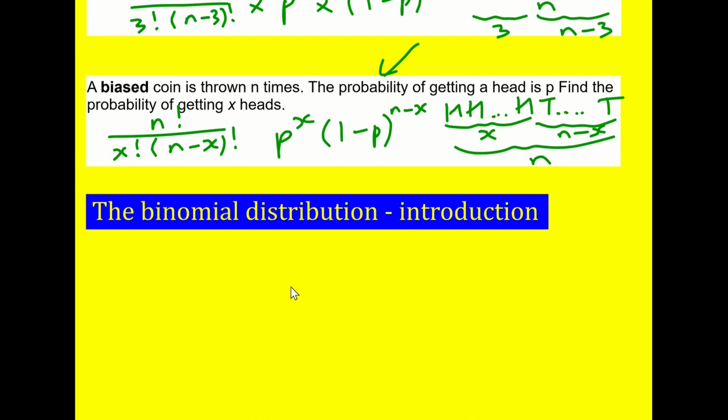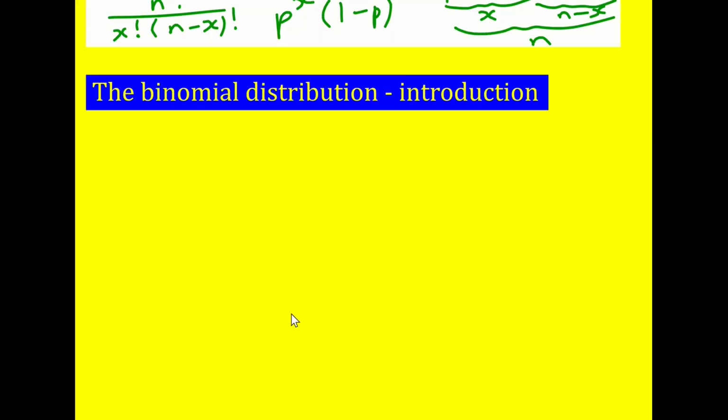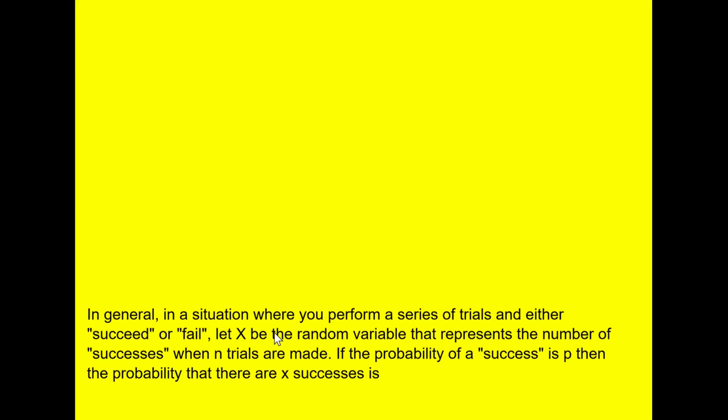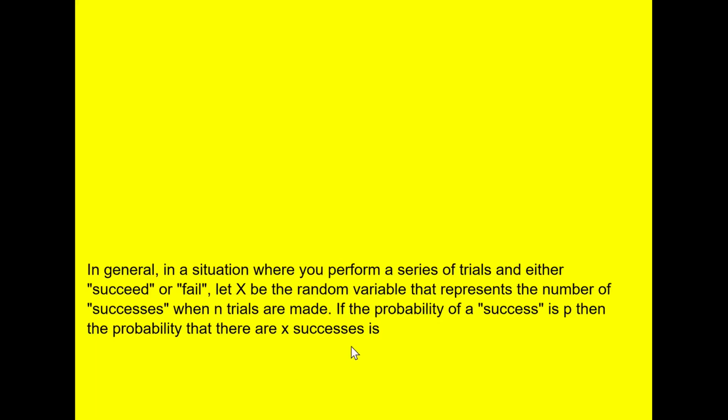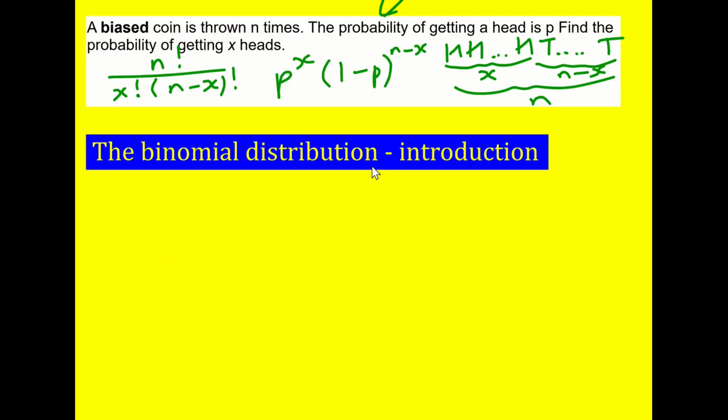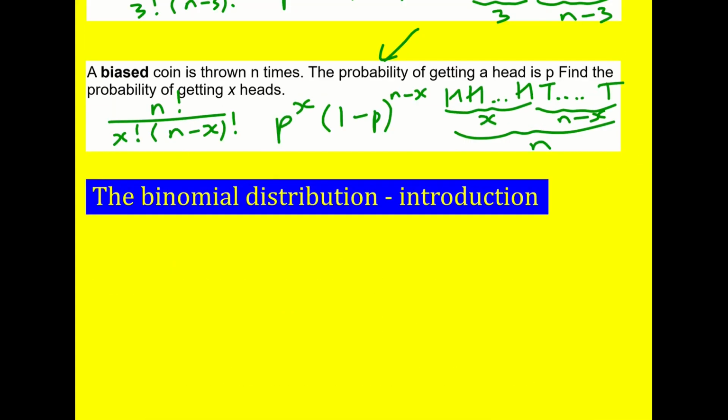But you can apply it to anything. You could swap it around. So tails is getting a success, and then we just have to kind of alter the way we write it. But we just have to decide that one's a success and one's a failure. Then the probability of a success is p, and the probability that there are x successes is actually this thing here that I've written down.